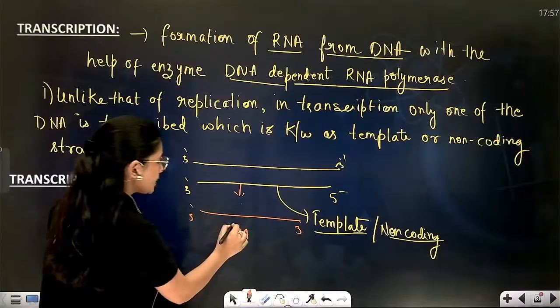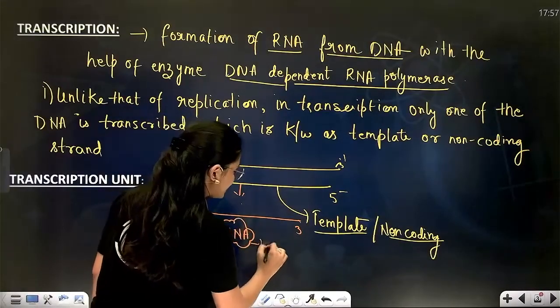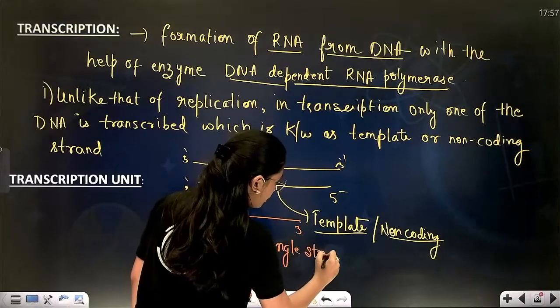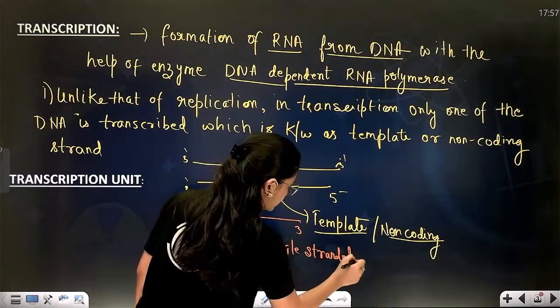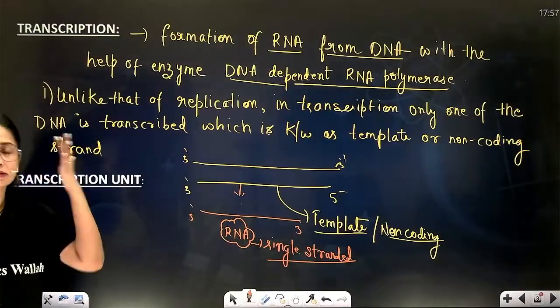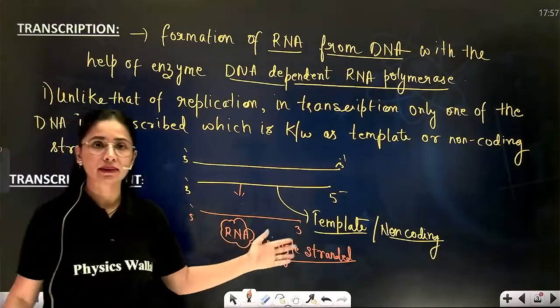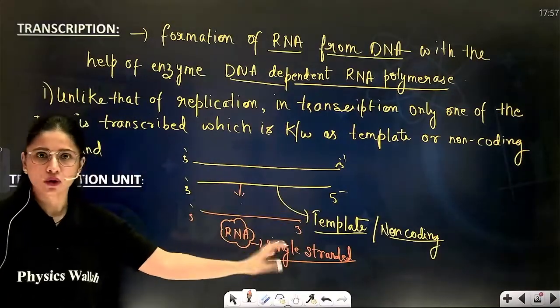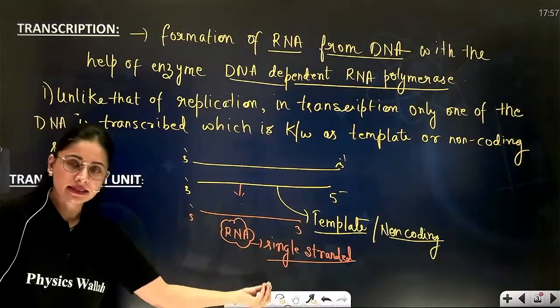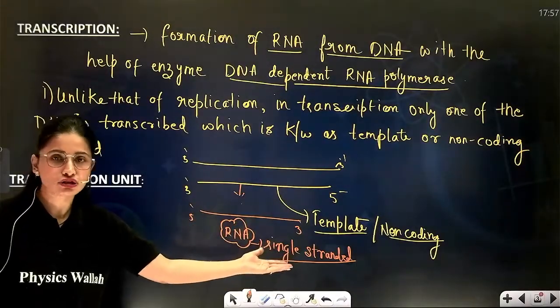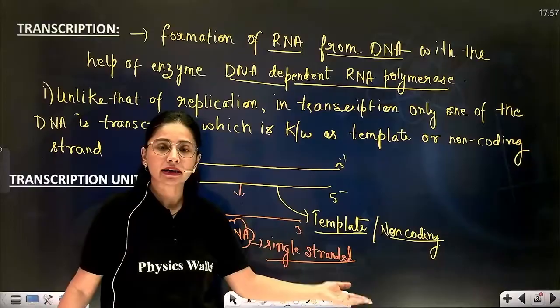Remember beta, unlike DNA, RNA is always single stranded, and synthesis obviously has to take place in the 5' to 3' direction. Now you will think, ma'am, it is known as template because the enzyme RNA polymerase is reading this strand, so therefore this DNA strand is known as template.